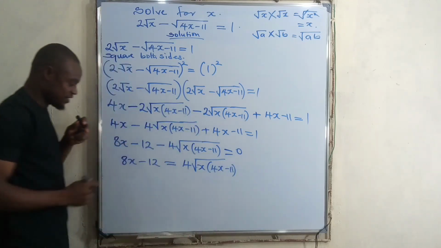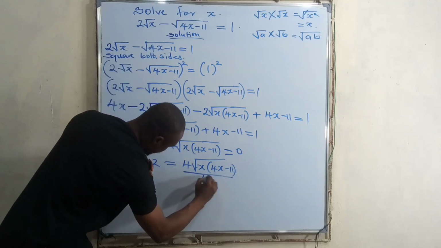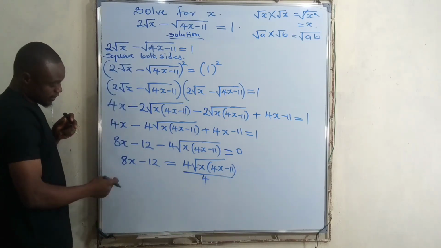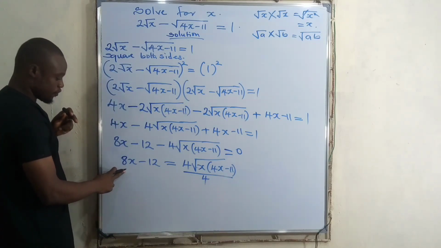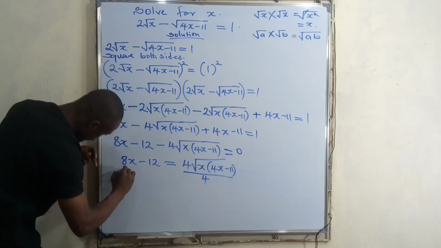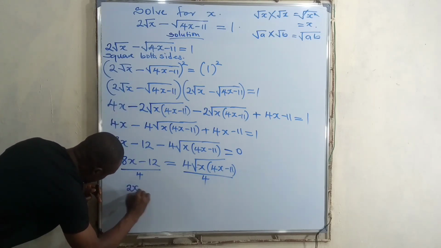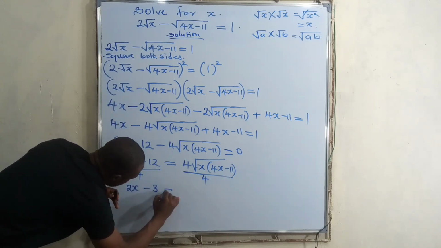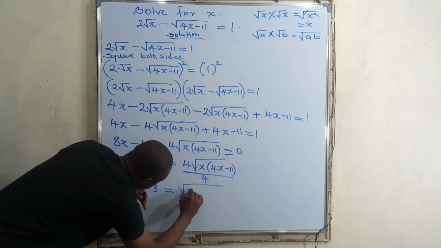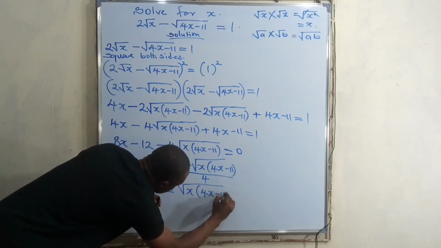Okay, so looking at the terms now, we can divide both sides by 4. Basically this is because 4 can go into 8 twice, and 4 can go into 12 also 3 times. So we divide both sides by 4, so we have 2x minus 3 equal to the root of x open bracket 4x minus 11.